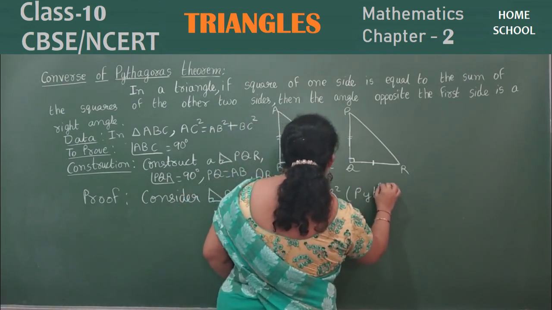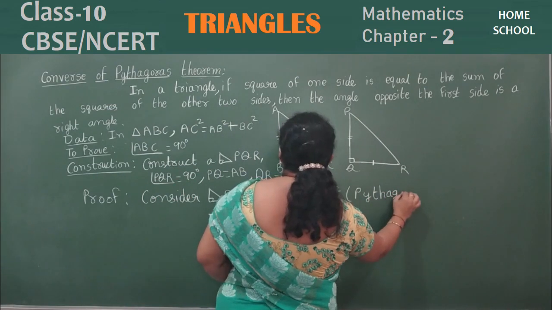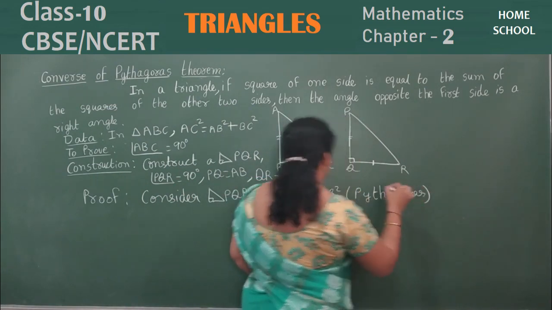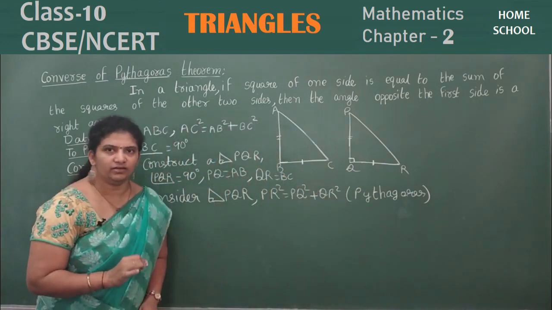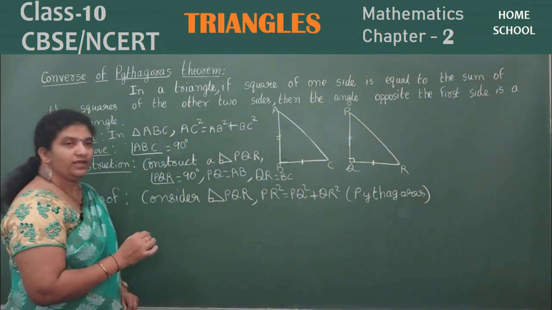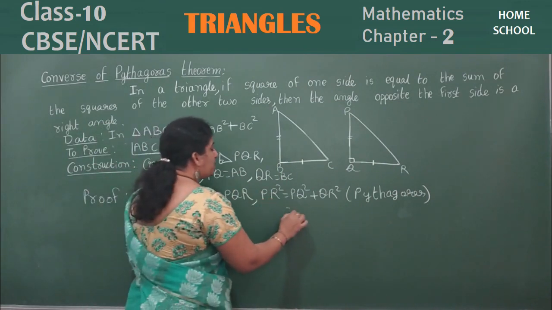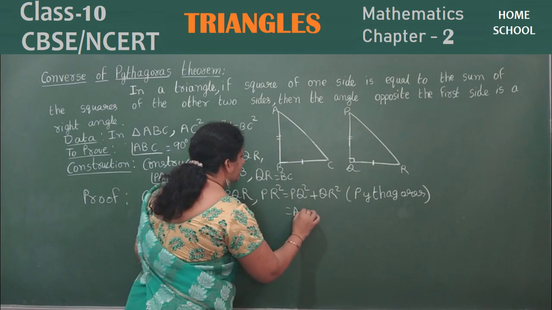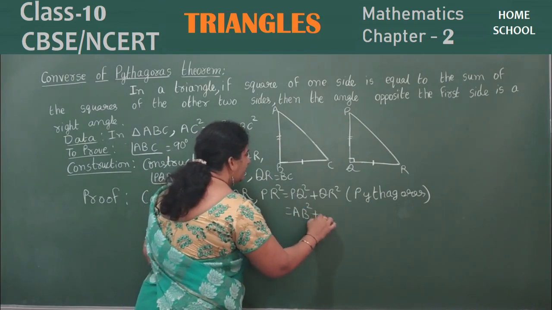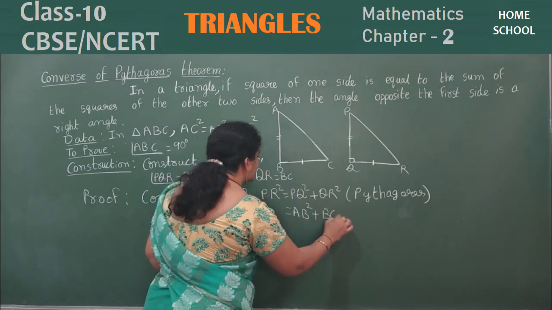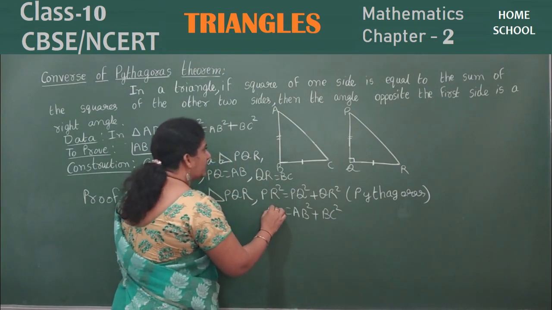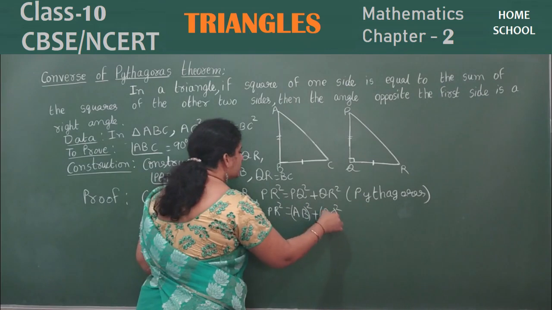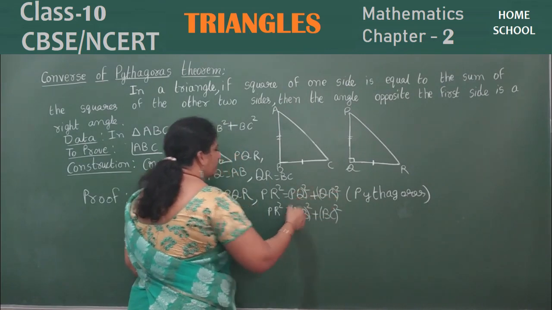By Pythagoras theorem, I can say this statement. Right? So now, next step. In place of PQ, I can substitute AB. AB square plus QR, meaning BC square, is equal to PR square. If you want, you can write it like this with a whole square also, children, no problem.